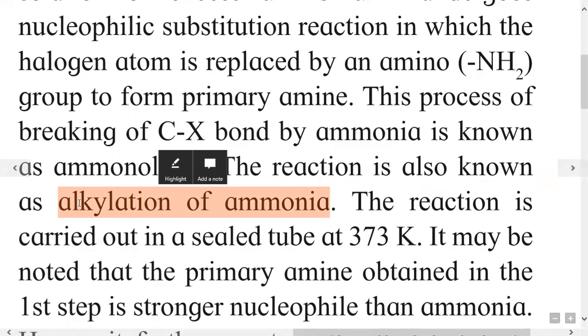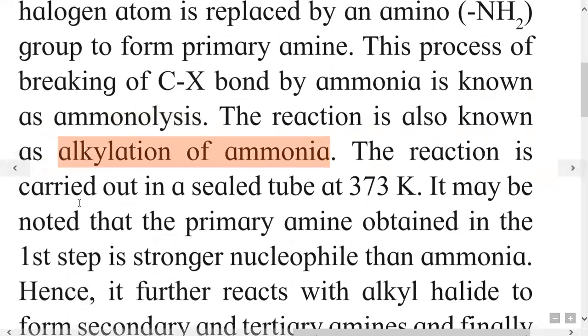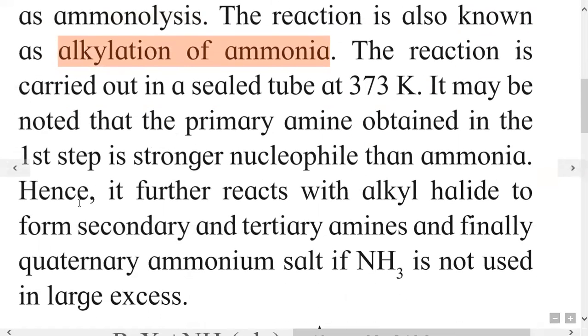The reaction is carried out in a sealed tube at 373 Kelvin, and the primary amine obtained in the first step is a stronger nucleophile than ammonia. Hence, it further reacts with alkyl halide and forms secondary amine, then tertiary amine, and finally quaternary ammonium salt.